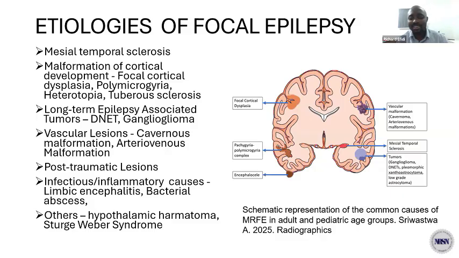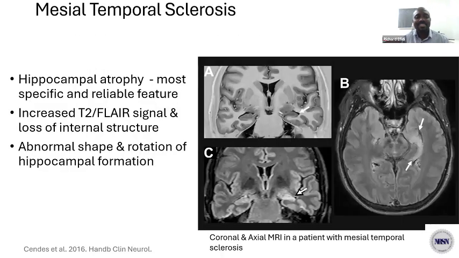There are also other causes of epilepsy, including the long-term epilepsy-associated tumors like DNET, vascular lesions, especially cavernous malformation, then post-traumatic lesions, infectious or inflammatory causes, such as limbic encephalitis and bacterial abscess, then other causes too, like hypothalamic hamartomas and Sturge-Weber syndrome.